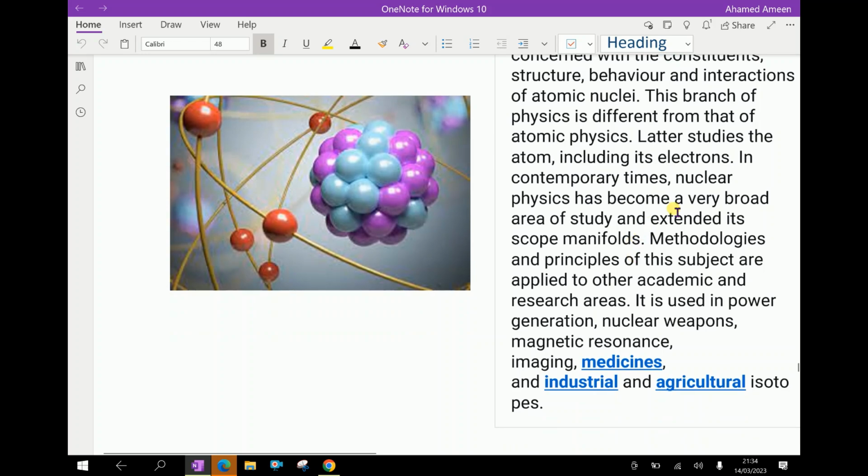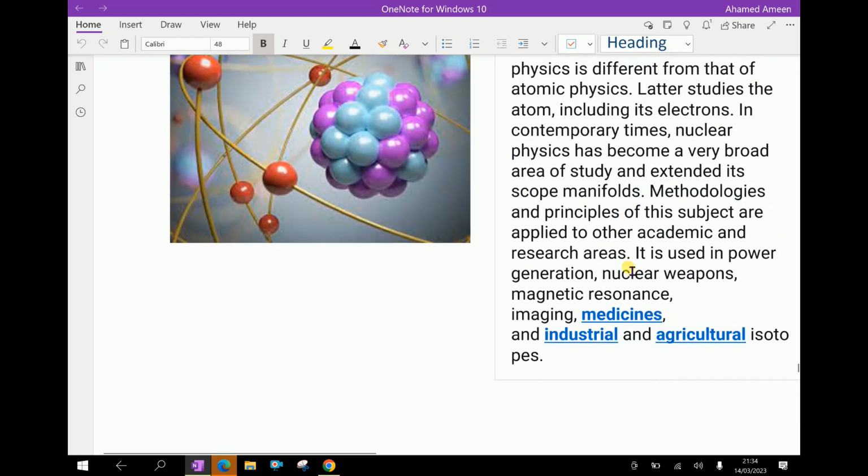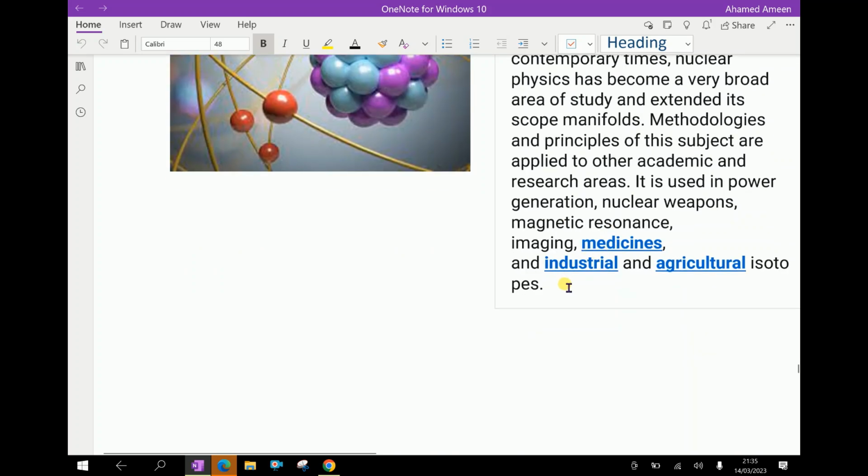In contemporary times, nuclear physics has become a very broad area of study and has extended its scope manifold. Methodology and principles of this subject are applied to other academic and research areas. It is used in power generation, nuclear weapons, magnetic resonance imaging, medicine, and industrial and agricultural isotopes.